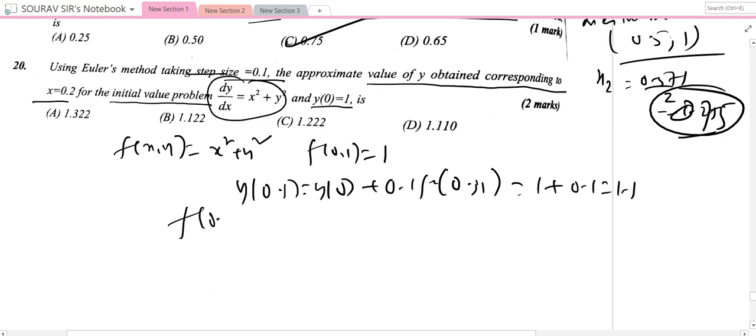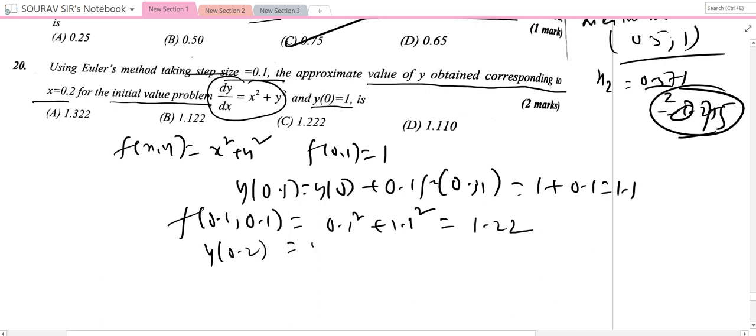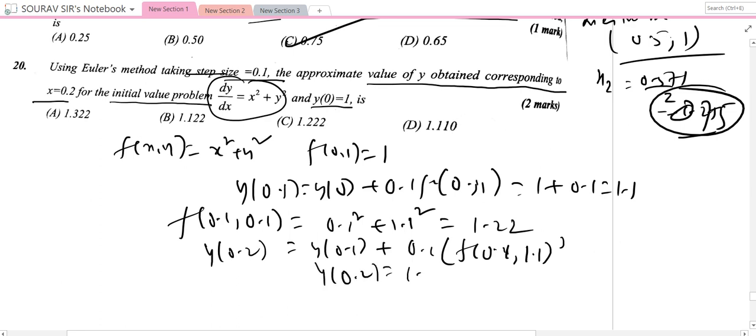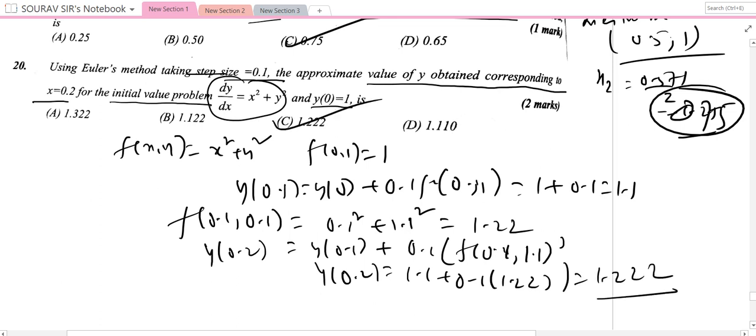So f of 0.1 comma 1.1 is 0.1 square plus 1.1 square, so 1.22. So y of 0.2 is y of 0.1 plus 0.1 f of 0.1, 1.1, so 1.1 plus 0.1 into 1.22, so 1.222. So answer is C.